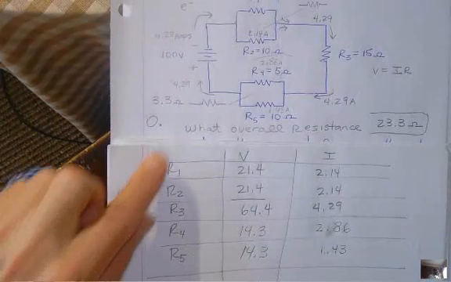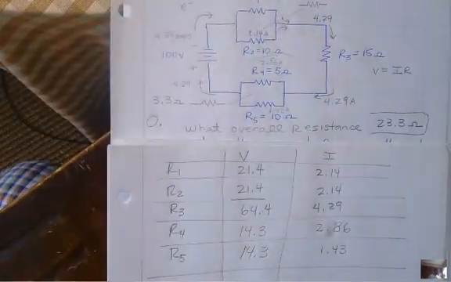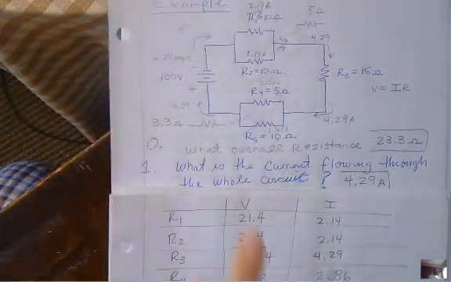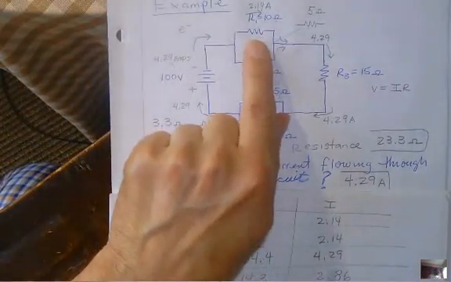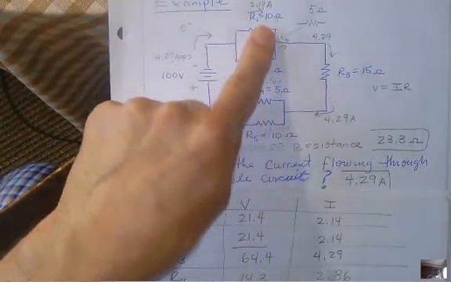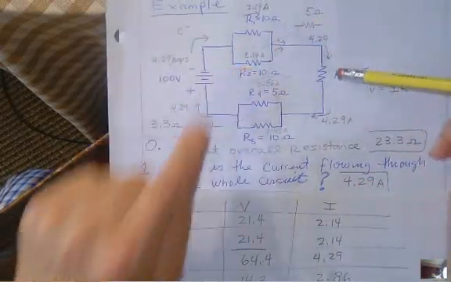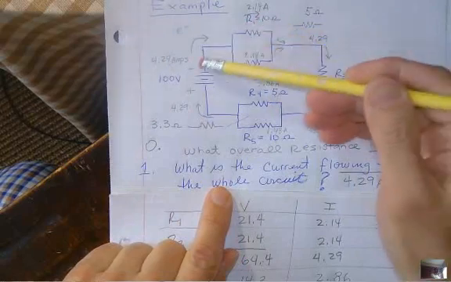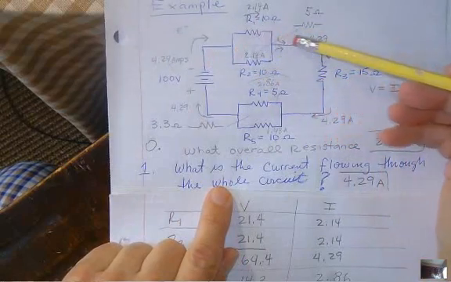Next, the voltage drop all the way around, whichever pathway I go, has to give me 100. So let's go all the way around the top. How much drop did I get if I go through 1, then 3, then 4? That's one pathway. One electron might take this.